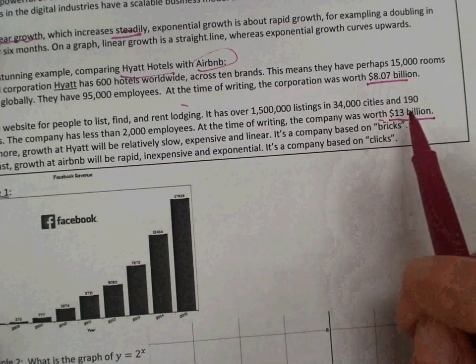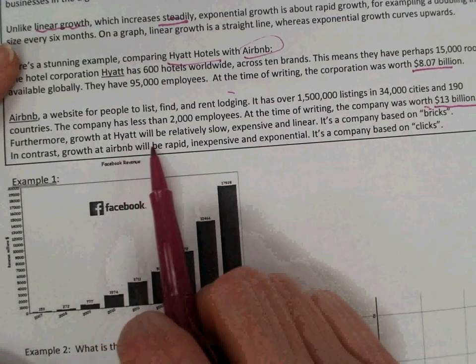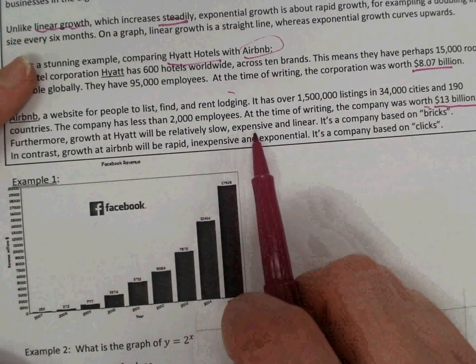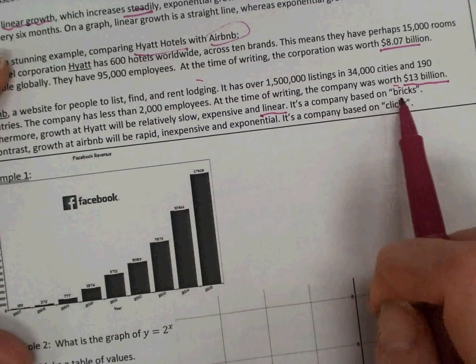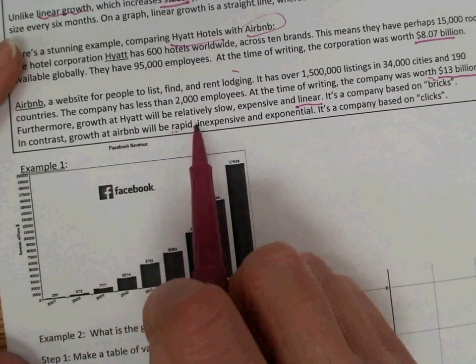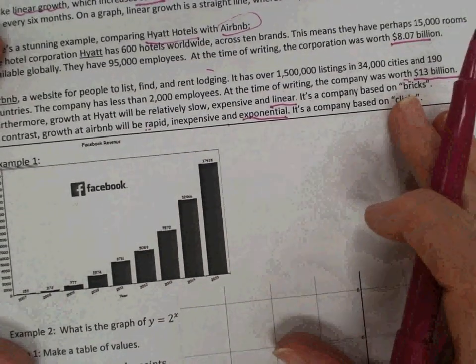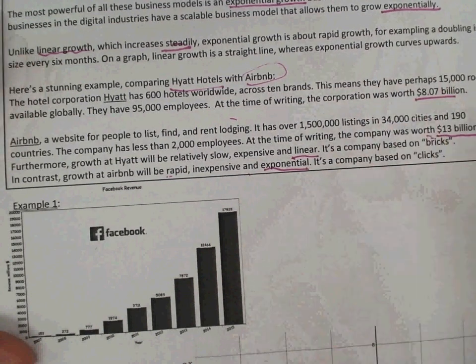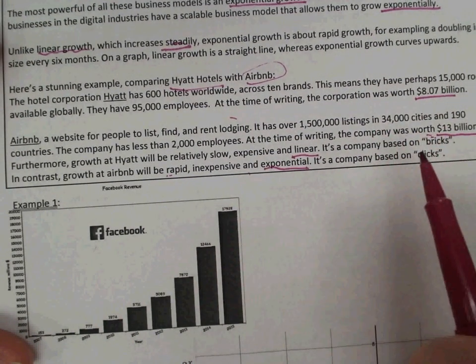Right, there's the contrast there. Furthermore, growth at Hyatt will be relatively slow, expensive, and linear. Its company is based on bricks. In contrast, growth at Airbnb will be rapid, inexpensive, and exponential. It's based on clicks. So there's your contrast of linear versus exponential growth and how that impacts the value of those businesses.